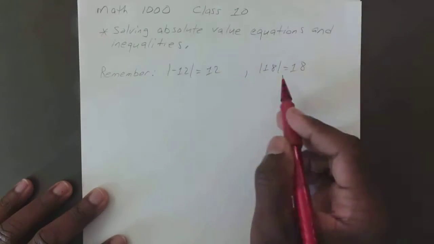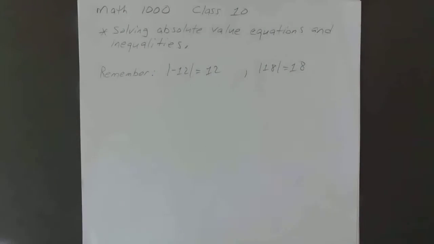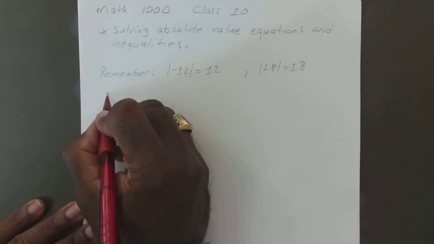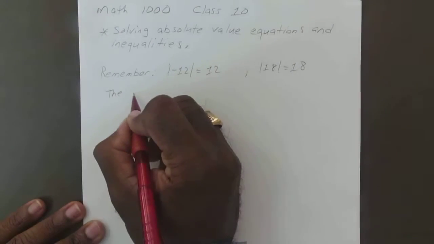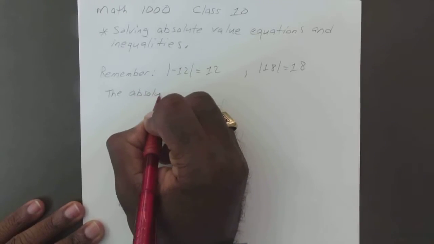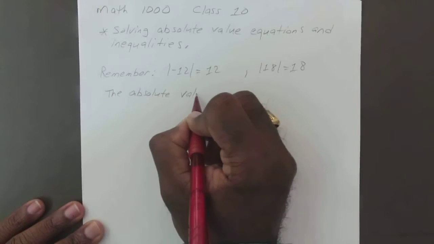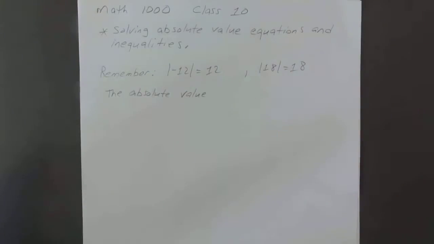So no matter what's in here, the absolute value is going to come out positive. The absolute value basically measures the distance from the origin, or in this case, 0.